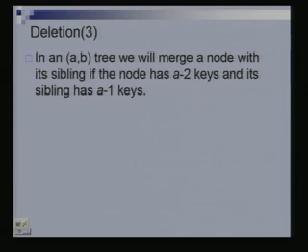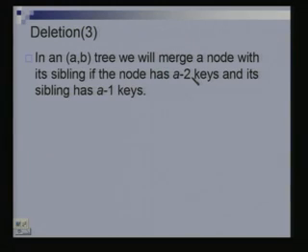I am trying to borrow one from its sibling, but I am merging with the sibling, which means that even the sibling does not have anything to lend me. So how much does the sibling have? The minimum number, a minus 1. So if I am merging a node with the sibling, then the sibling has a minus 1 keys and the node itself has a minus 2 keys.